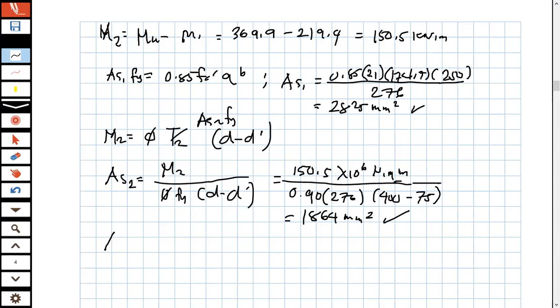So if we have AS1, we have AS2, so the total AS or total steel reinforcement is equal to 2,825 for AS1 plus 1,864 for AS2, which is equal to 4,689 square millimeter.